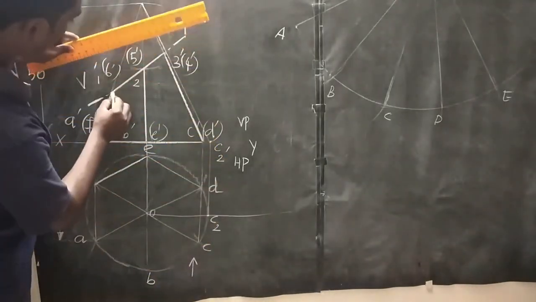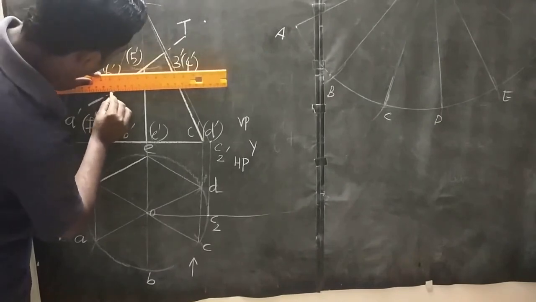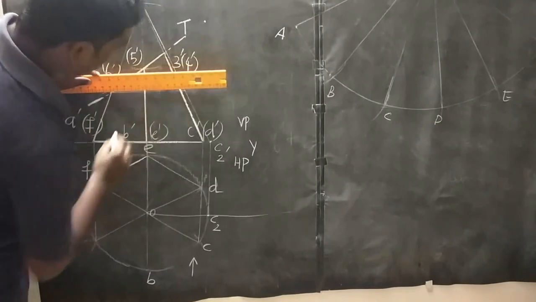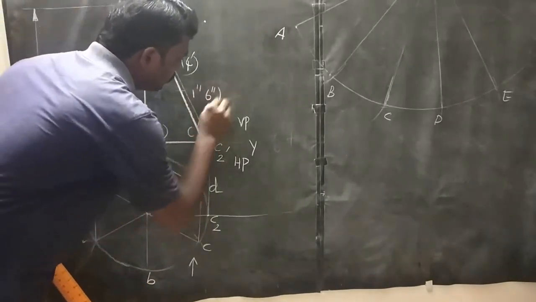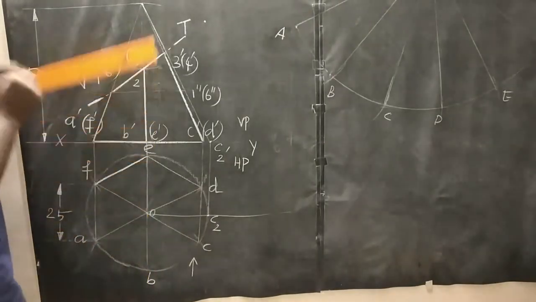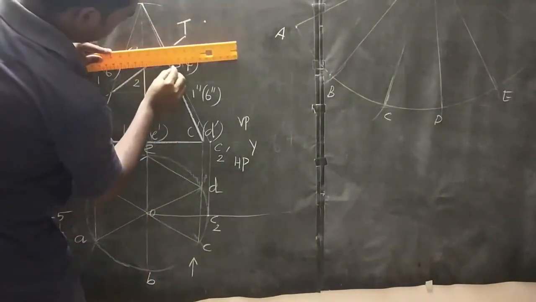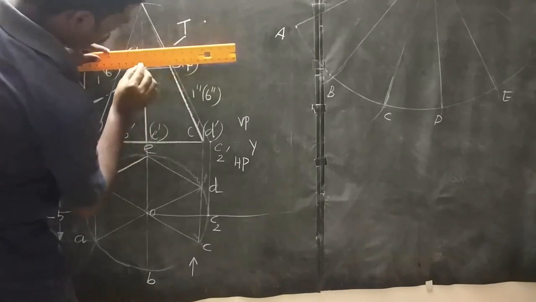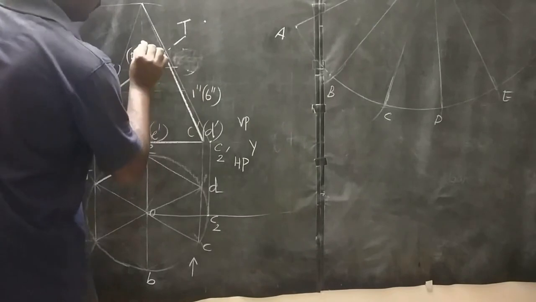From 1 dash, draw a horizontal projection line up to true slant edge length. That point called as 1 double dash, 6 double dash. Then from 5 dash and 2 dash, draw a horizontal projection line up to true slant edge length.